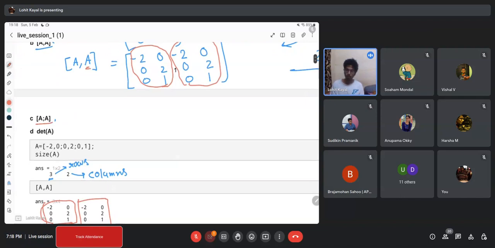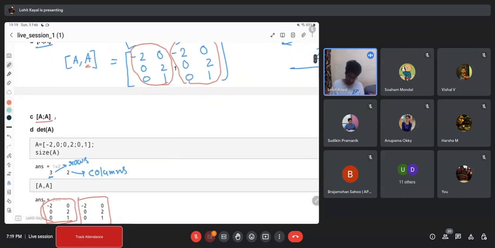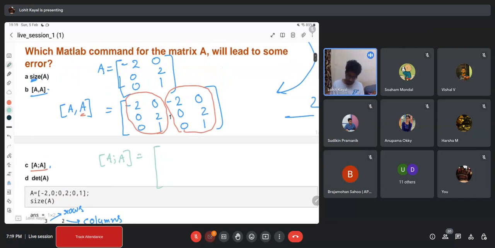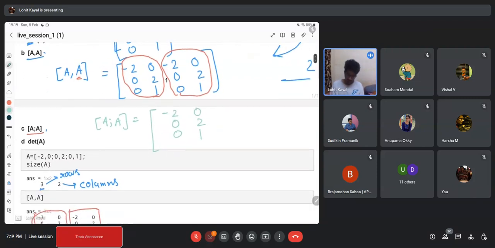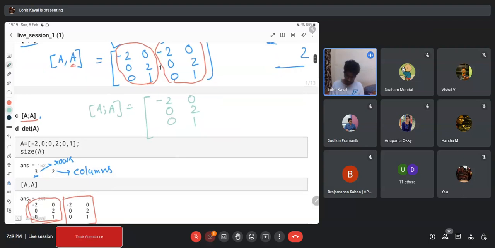Again exactly the same thing. What will be a colon? A colon means, as I have told for any matrix, that the new element will appear at a new row. So here it will be A colon A. My original matrix was minus 2 0 0 2 0 1, and the next element appears at the next row, so treat this as a whole element, and it will be again minus 2 0 0 2 0 1.